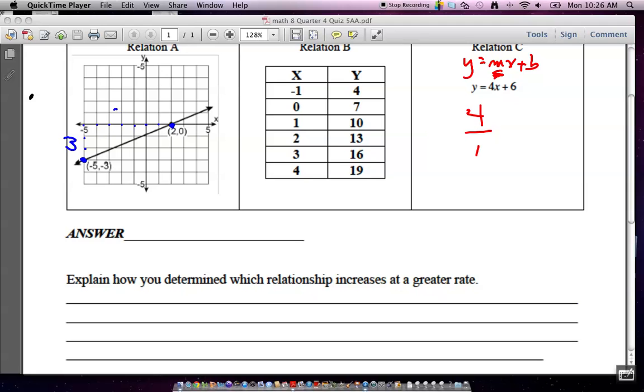So I'm going up 3 and I'm going over 7. Now slope, rate of change, is the change in output or y over the change in input or x. Now the y is the vertical number, so it's going to be up 3 over 7. So 3/7 works out to be the correct slope on this particular problem.